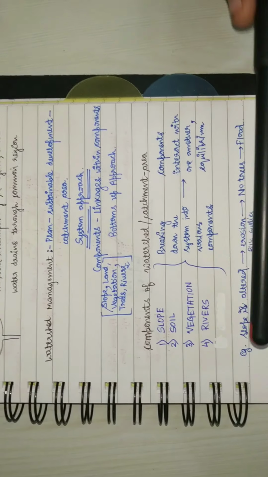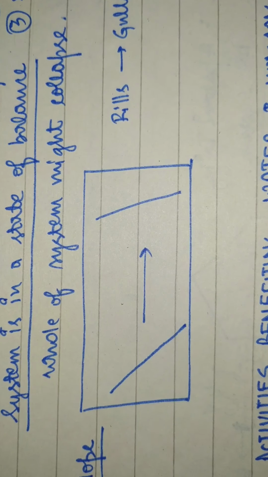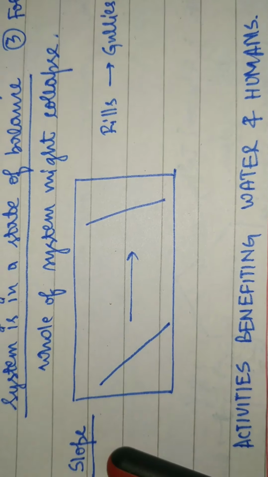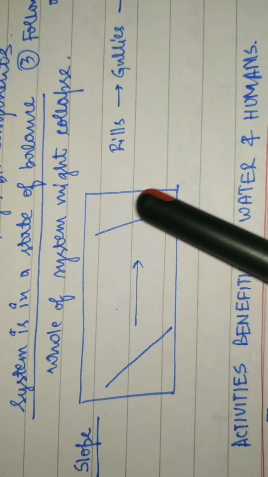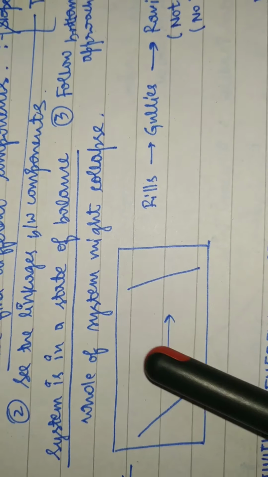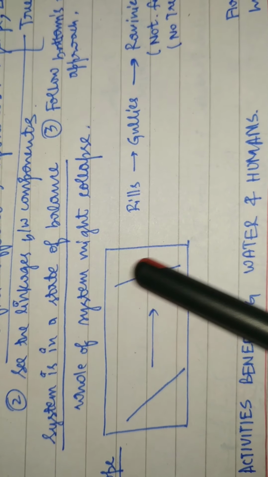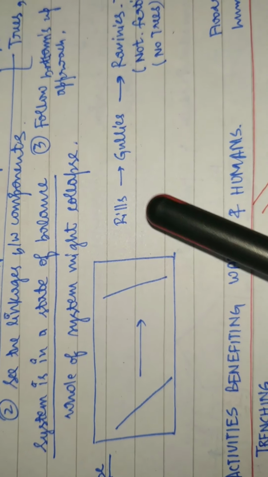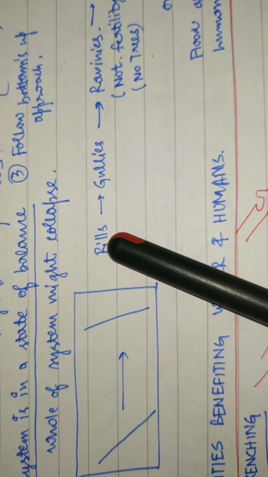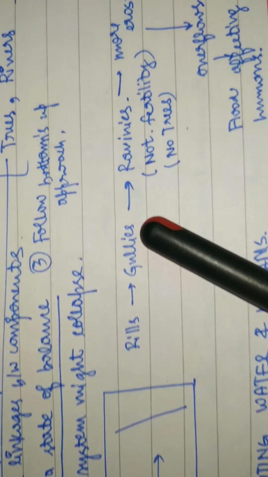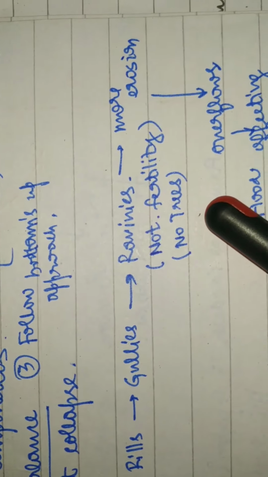For example, if slope is altered from a gentle slope to a very steep slope, there would be more erosion. In this case more rills would be formed, there would be gullies, then there would be ravines, right?